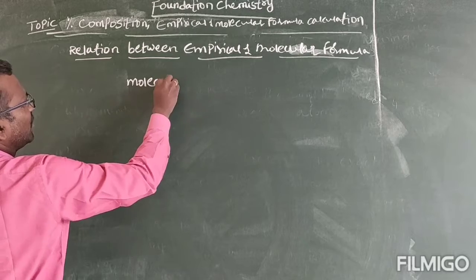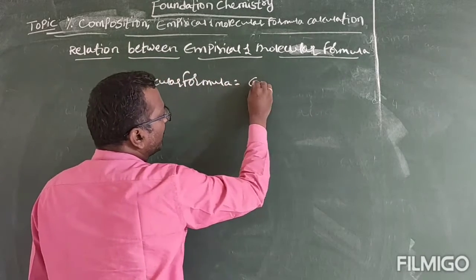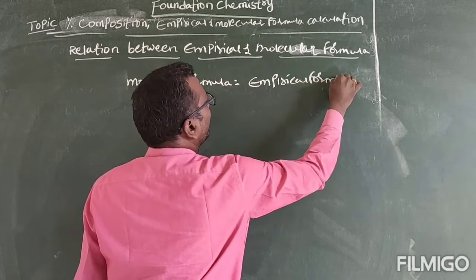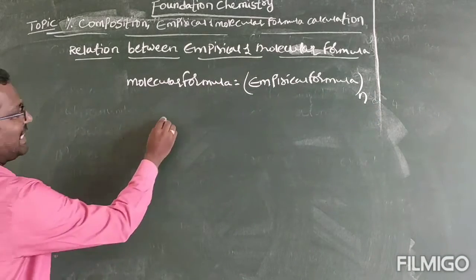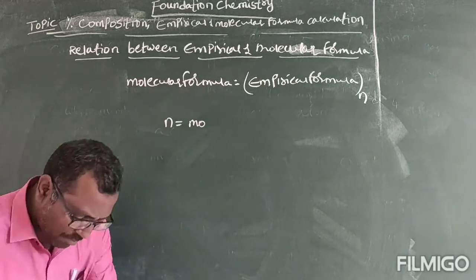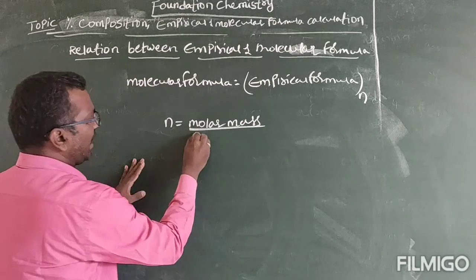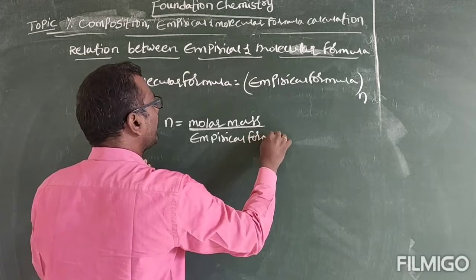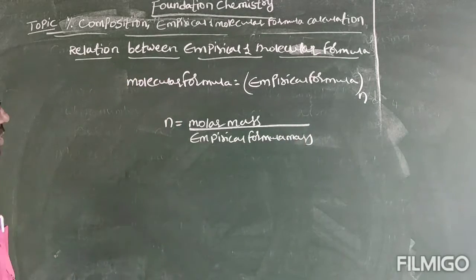Molecular formula is equal to the empirical formula taken n times. Then what is n? n equals the molar mass divided by the empirical formula mass.